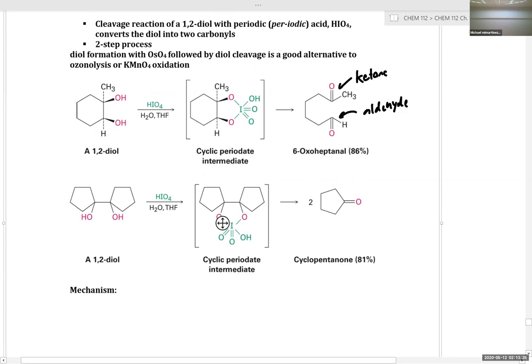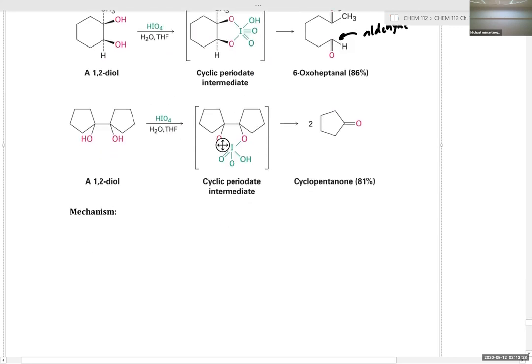So in terms of the mechanism for this process, let's draw out our mechanism.